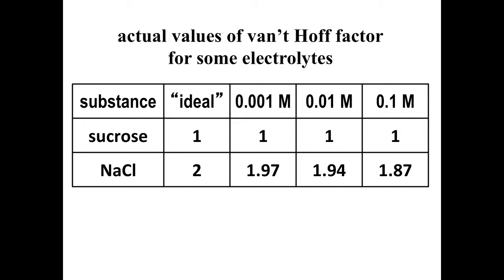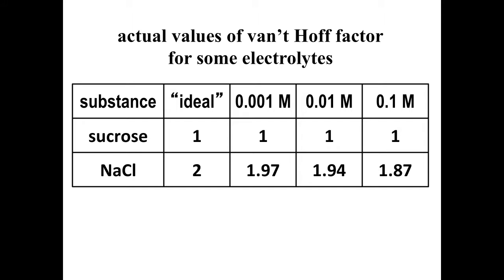And this is due not to NaCl not dissociating into 2 particles, but the higher the solution concentration, the more likely a positive ion and a negative ion are to be close enough together, essentially paired or stuck together, and therefore not fully dissociated, or at least at that instant we have those two particles stuck together.